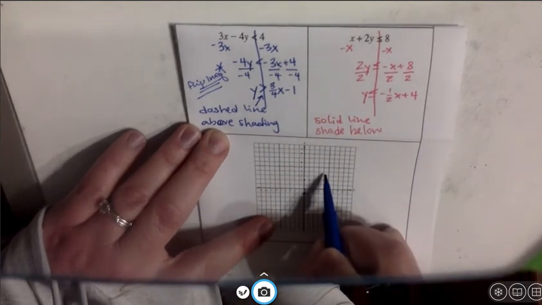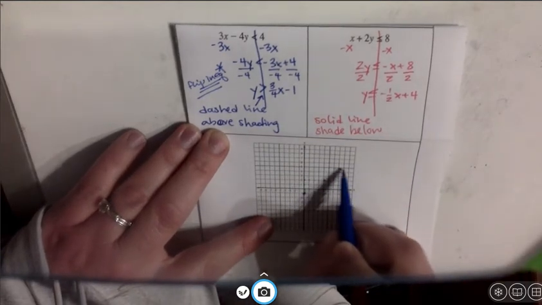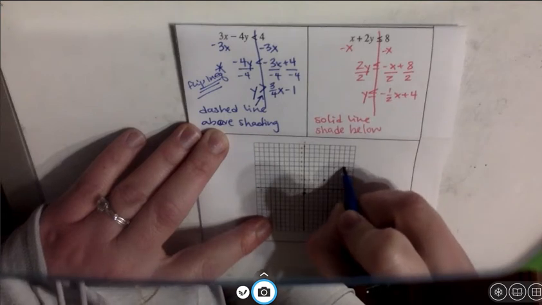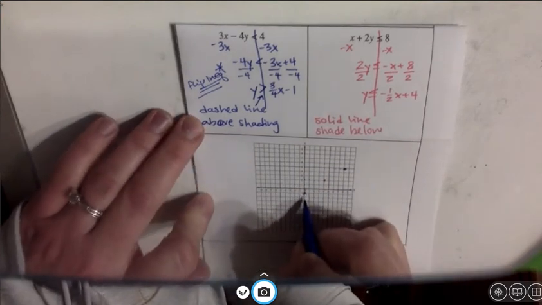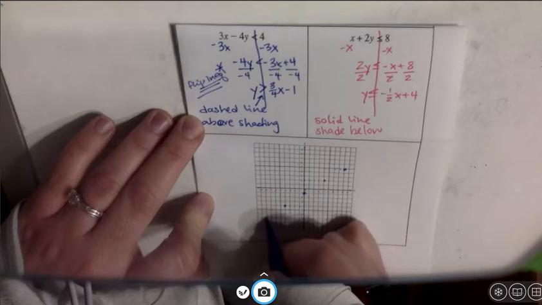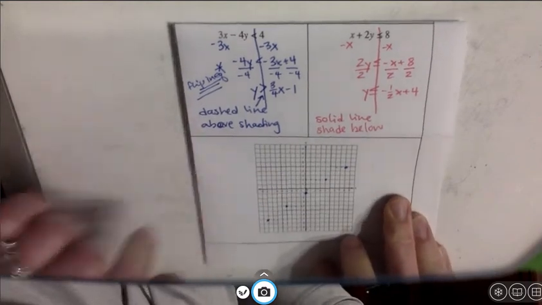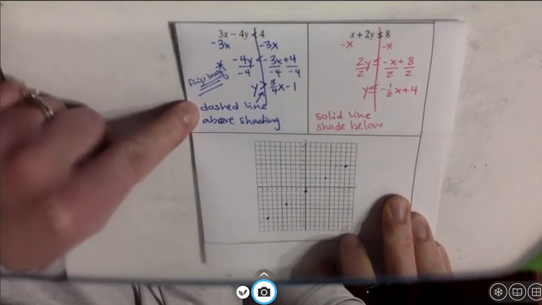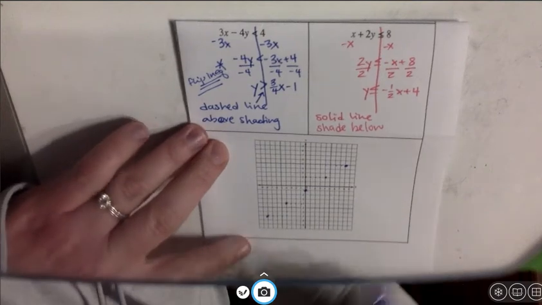Same thing again. 1, 2, 3 up, 1, 2, 3, 4 over to the right. And I can even go down 1, 2, 3, and left 1, 2, 3, 4. And I can make my line. So now I'm going to do a dashed line because there was no equal to.